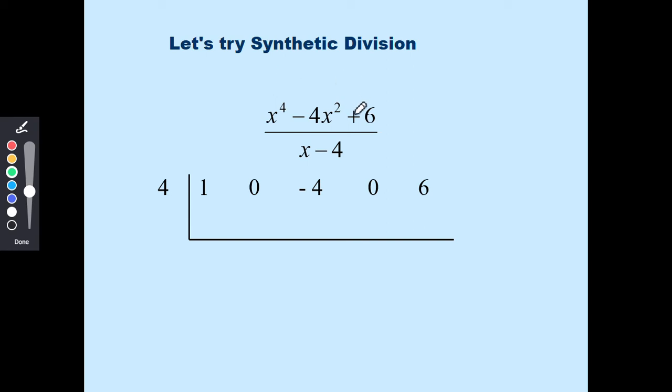And we have a missing degree 1 term right here between our degree 2 term and this term right here. Alright? And that's why we have this 0 right here.